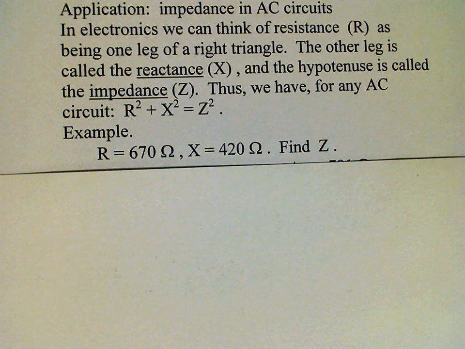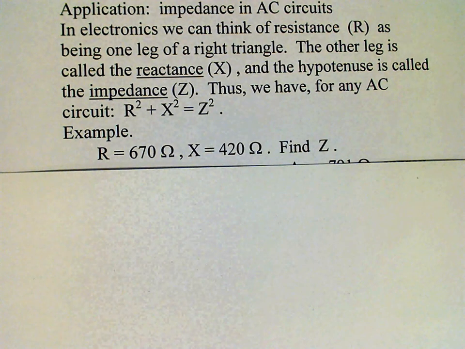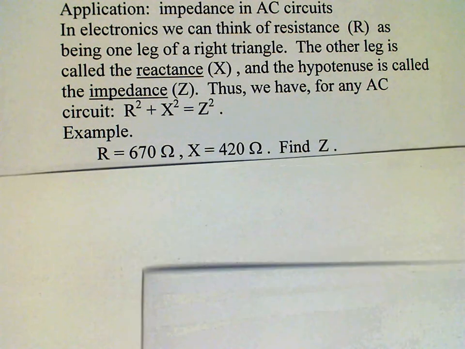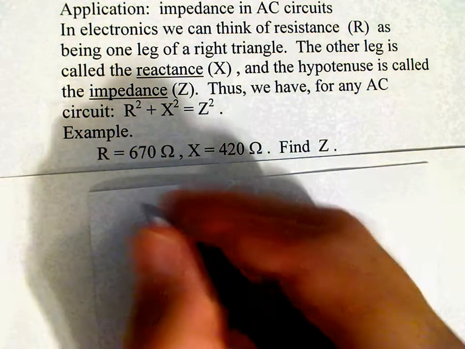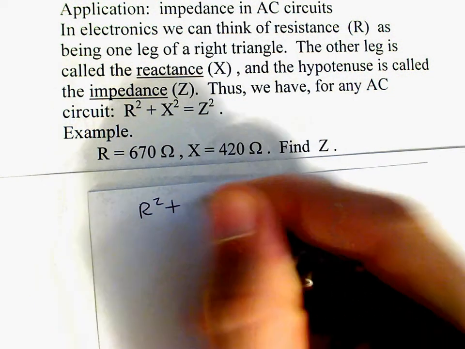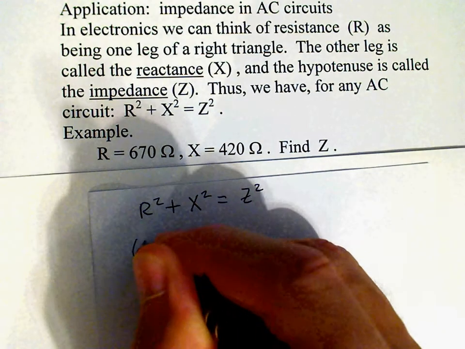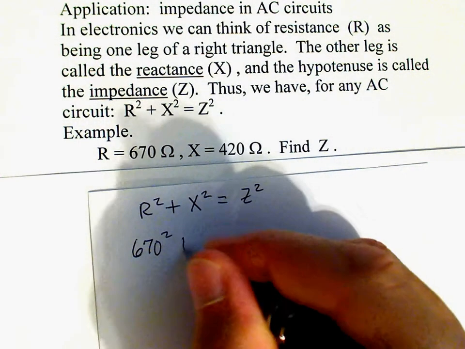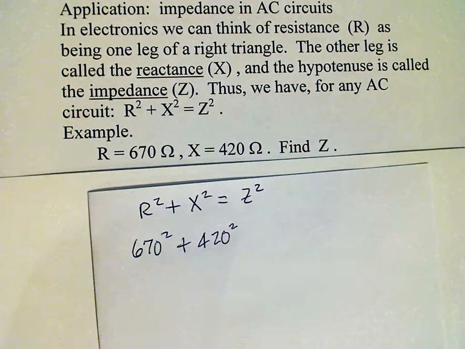Okay, so for example, we have R equals 670 ohms, X equals 420 ohms, and we want to find Z. Okay, well, this is exactly the same as what we were doing before, it's just the letters are different, right? We have R squared plus X squared is equal to Z squared. So we have 670 squared plus 420 squared.